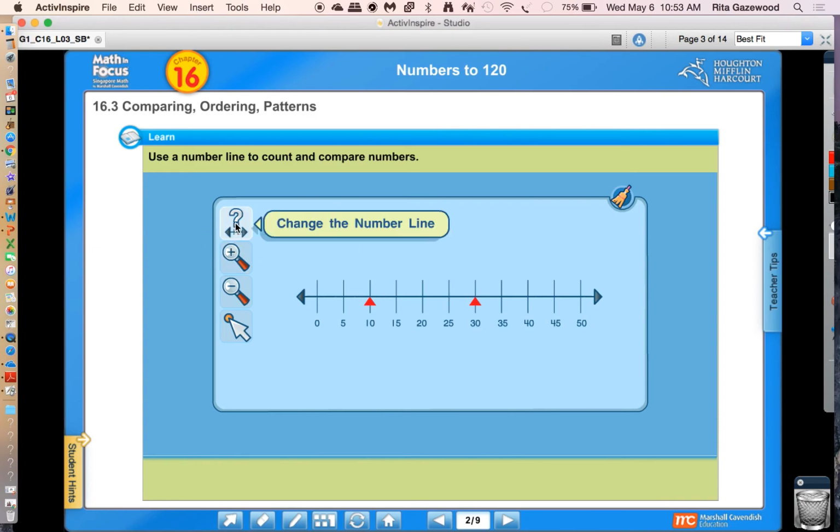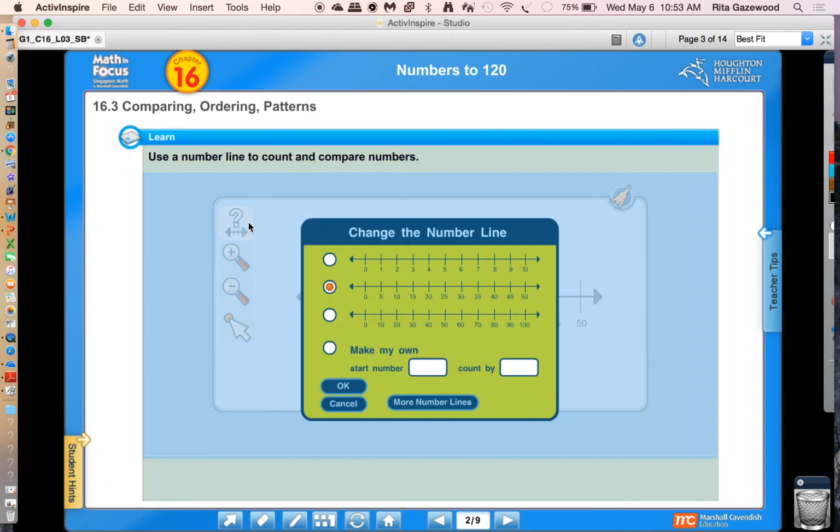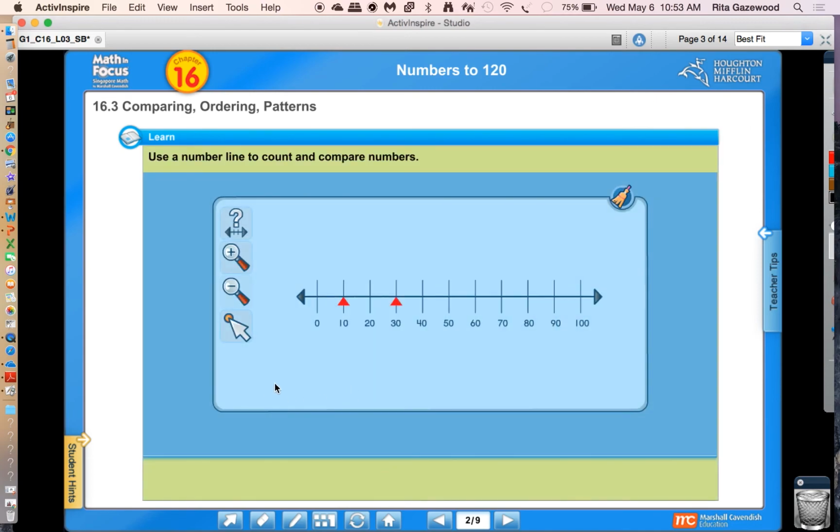Let's change our number line again. This time our number line is counting by what? What are we counting by here? That's right, we're counting by 10. So let's practice that. 10, 20, 30, 40, 50, 60, 70, 80, 90, 100. Perfect. Let's compare some numbers.